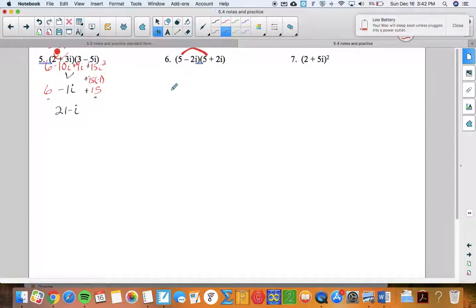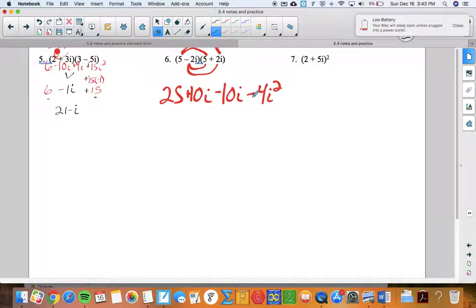So here we go. We get 5 times 5 is 25. 5 times 2i is 10i. -2i times 5 is -10i. -2i times positive 2i is -4i squared.